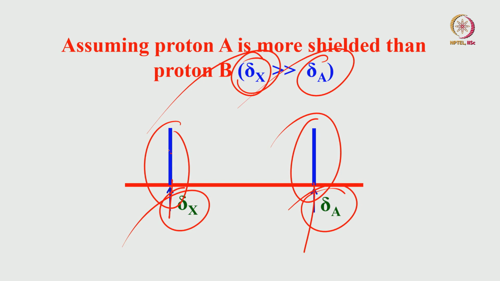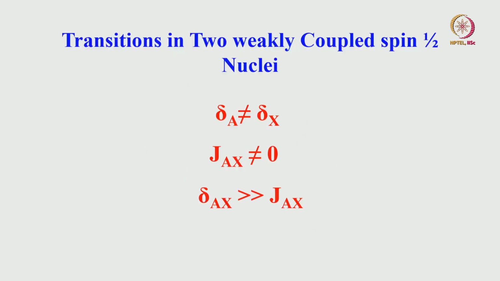There are 2 transitions for A, 2 transitions for X, they are overlapped, giving a single peak. This is the spectrum of 2 spins which are not coupled, or in other words JAX is 0, 2 uncoupled spins.